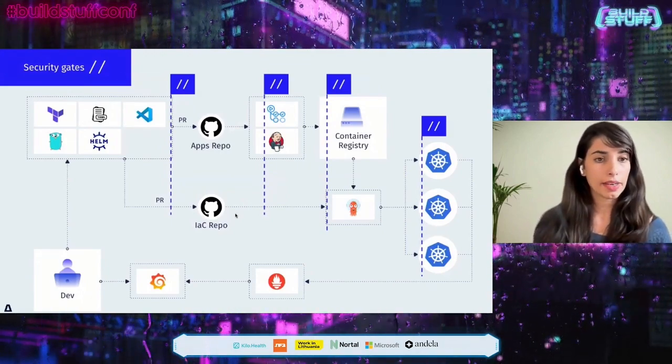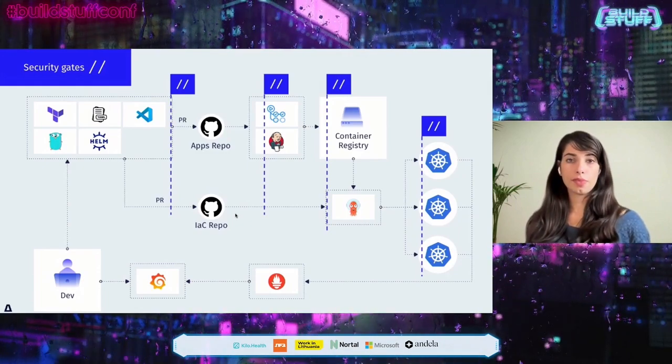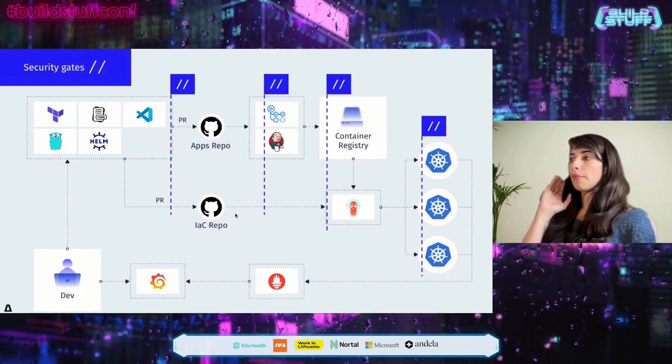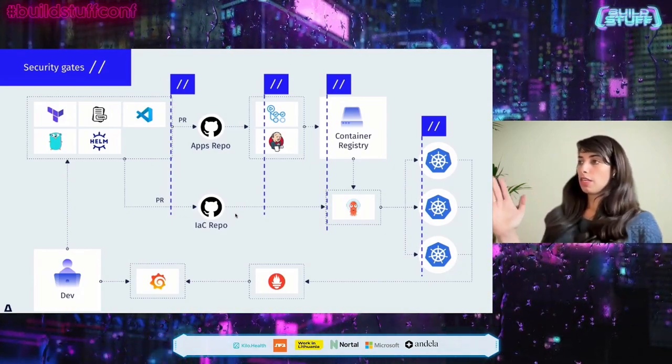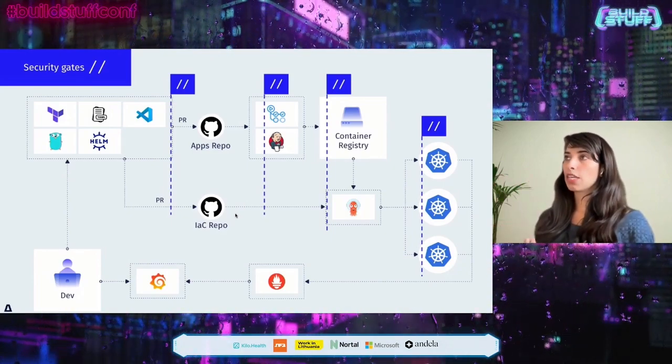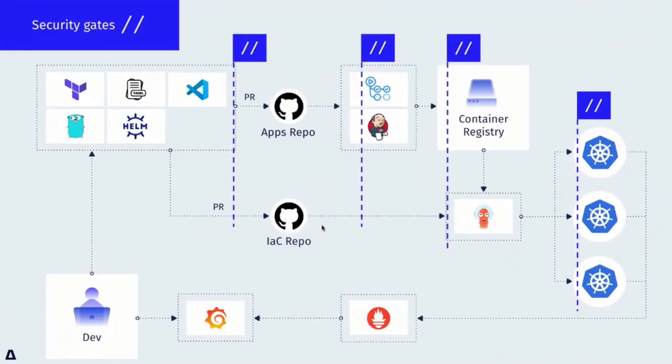So those are the main security gates that I want you to take from this call. I mean, we need to put each and every one of those security gates in the pipeline, in order to fine tune and find the problems ahead. You know, we started from that. We need to find our problems ahead.